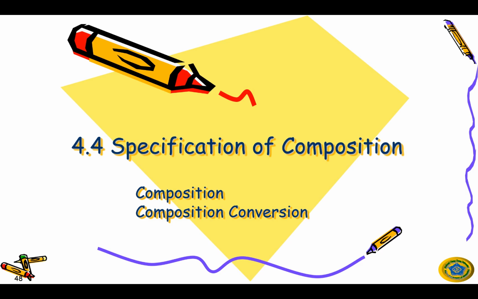So the next topic will be specification of the composition. When we talk about an alloy, or a solid solution, that means you have two types of atoms put together. In that case, we want to know the composition of A and B. And also, if we have different units, how can we do the conversion?